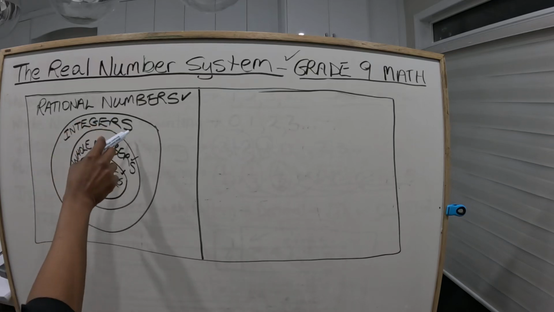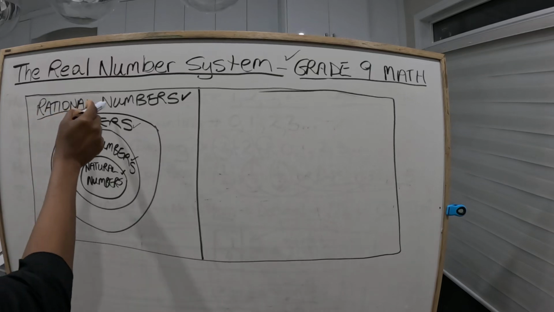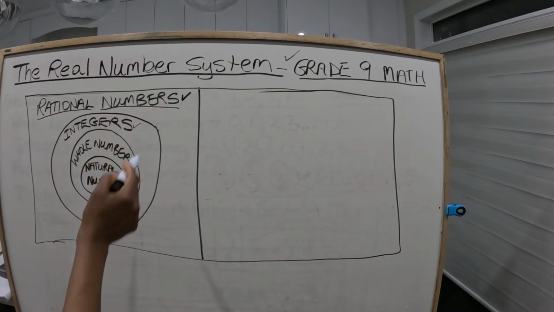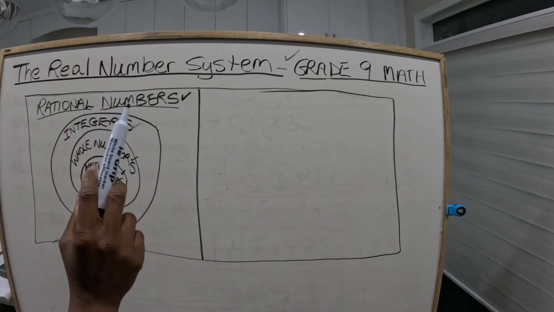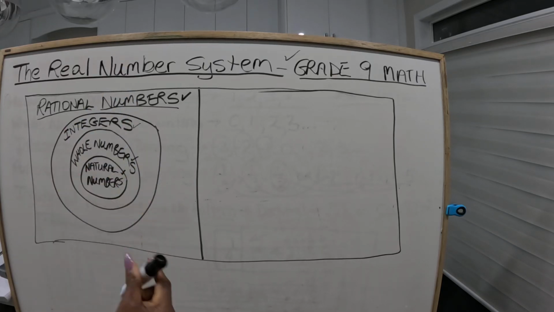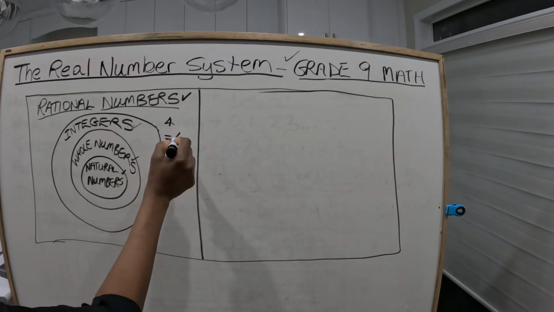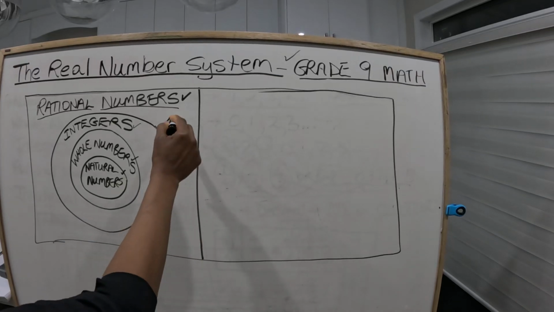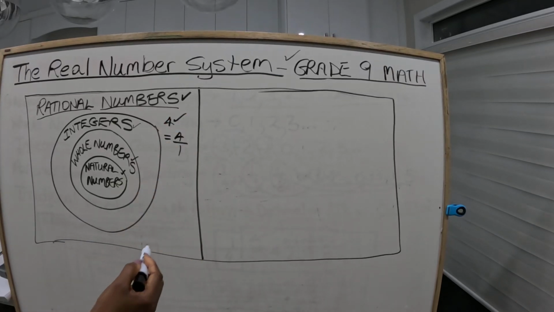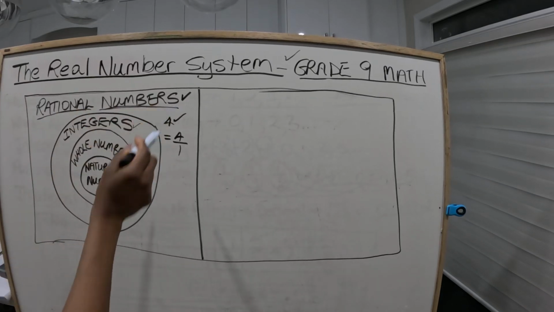And all integers are rational numbers. The reason they're rational numbers is that every number can be expressed as a fraction. I should have said that before. So even a 4, the fraction of a 4 is equal to 4/1. That's a fraction. So even though it's a whole number, it can be expressed as a fraction, which is a rational number, right?